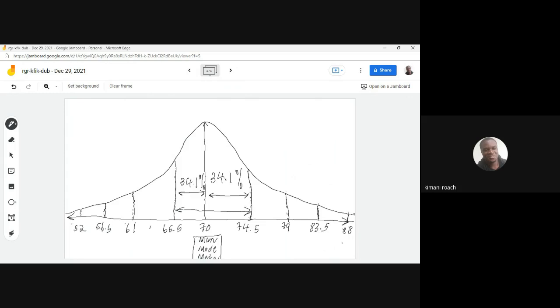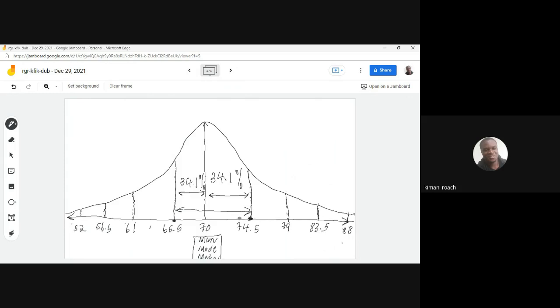And what are we saying by this? Of the 100 students, most students you're going to find scoring anywhere from 65.5% to 74.5%.